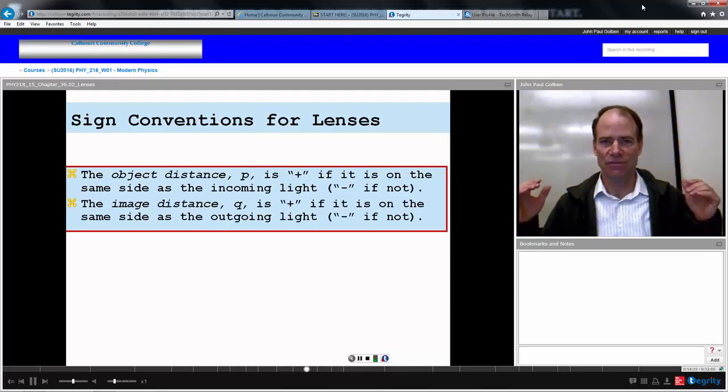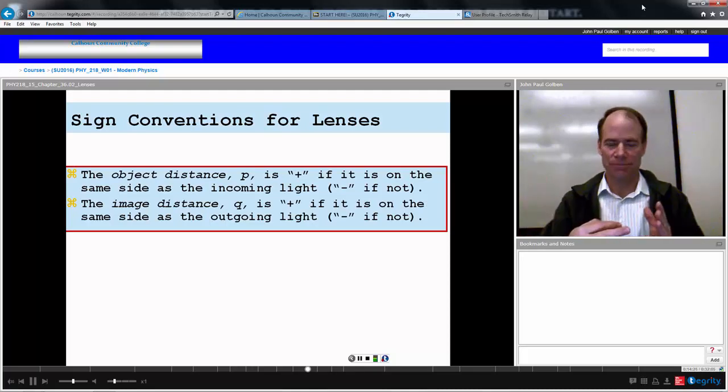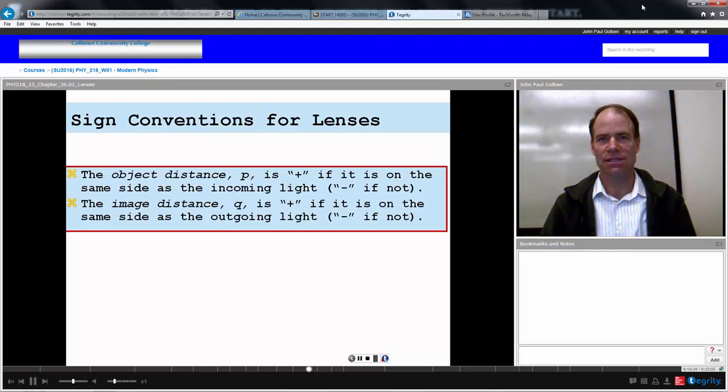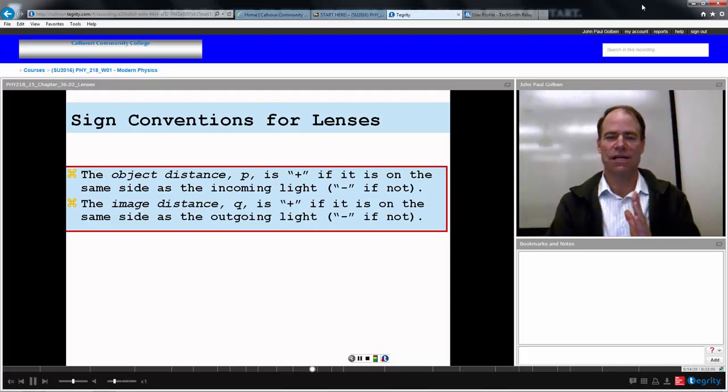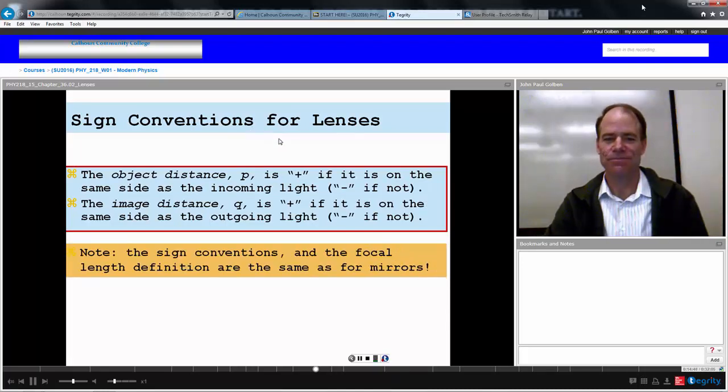It's the same thing for mirrors as it is for lenses. If you're on the same side as the incoming light, then your object distance is positive, negative if it's not. And if you're on the same side as the outgoing light, either mirrors, lenses, or refractive surfaces, your image distance is positive, negative if you're not. It's as simple as that. These are the same for mirrors.